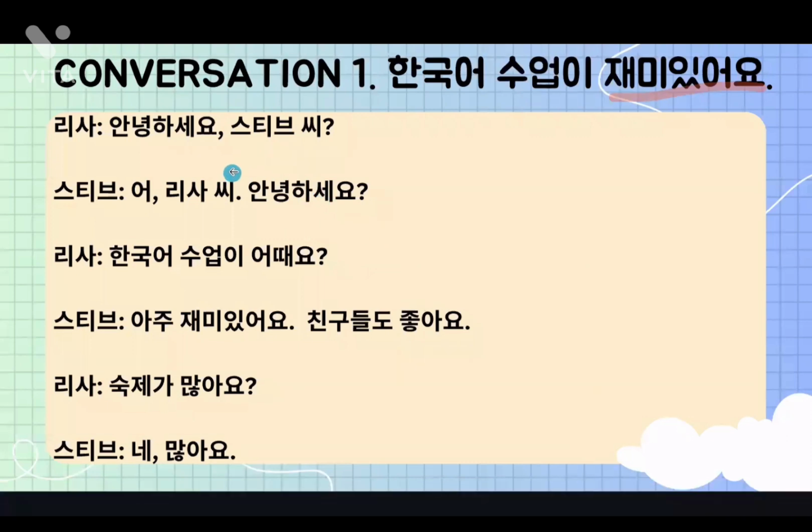Then let's go on. Translate conversation one. 한국어 수업이 재미있어요. 재미있어요 means interesting. The Korean language class is interesting. Lisa says, 안녕하세요, Hello, Steve 씨.